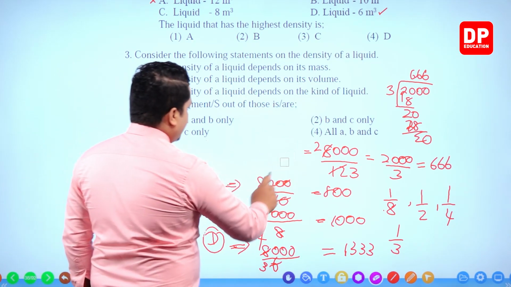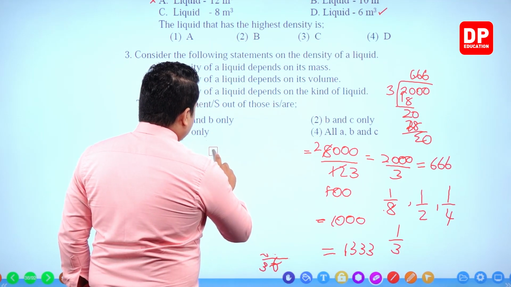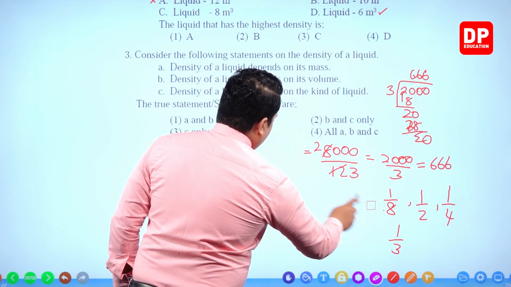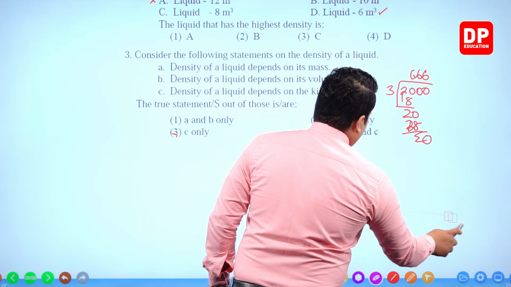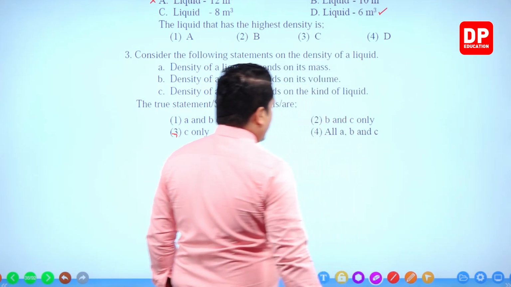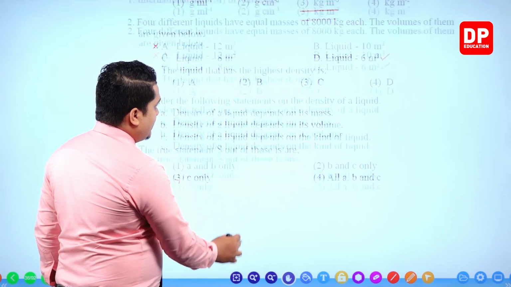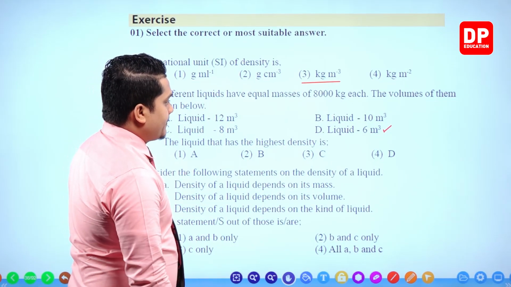Why is that? Now I told you the relationship between mass and the density. Then I told you about the relationship between volume and the density. So by looking at these things, my dear children, you can just get the answer without the calculation. How come?